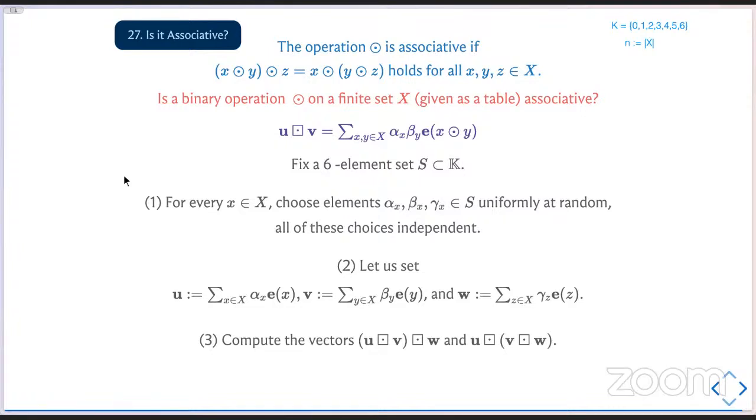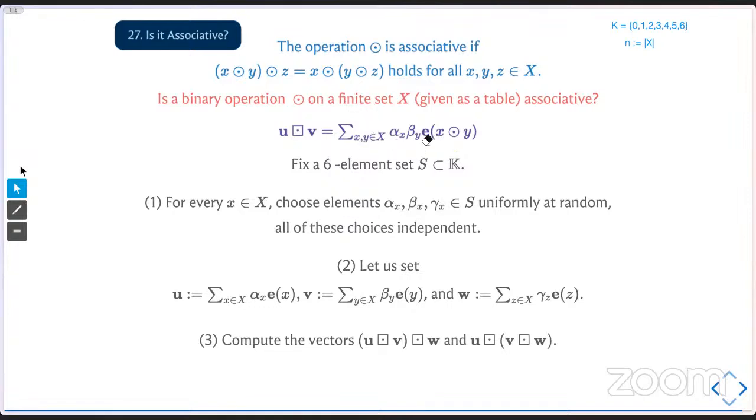You can think a little bit about the time this takes. For U and V, you'd have to compute this box product, which is a sum that has n squared terms. So each of those box product computations takes n squared time.